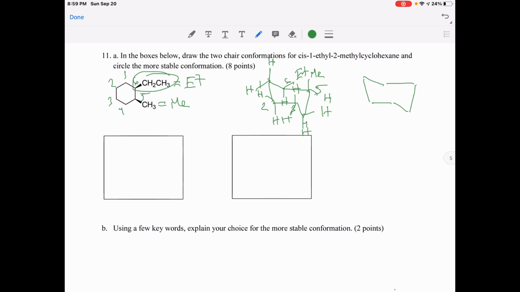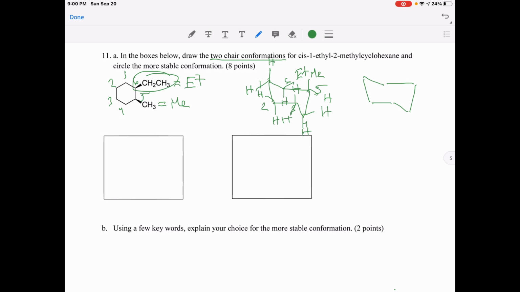When we do a ring flip, as you might have learned in class already, all the axial positions become equatorial positions, but whatever group was already up stays up, whatever group was already down stays down. They just change from axial to equatorial. That's what they mean by two chair conformations: it's just the two results of a ring flip.